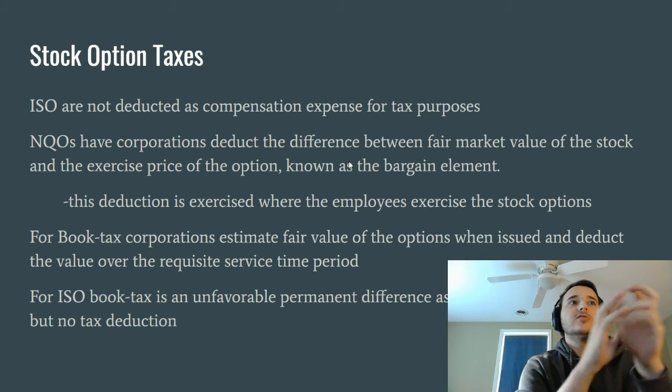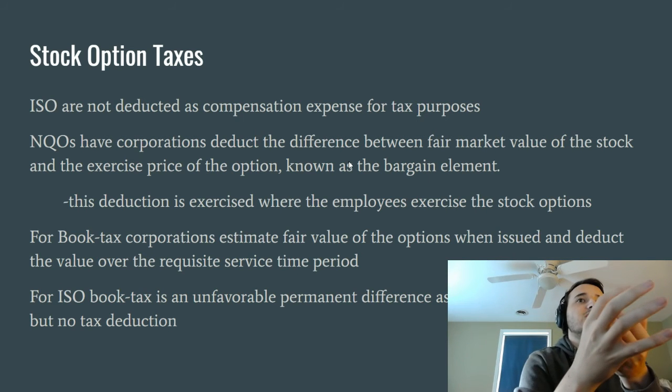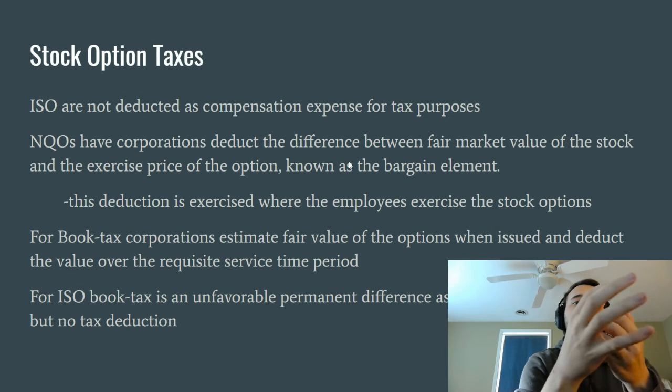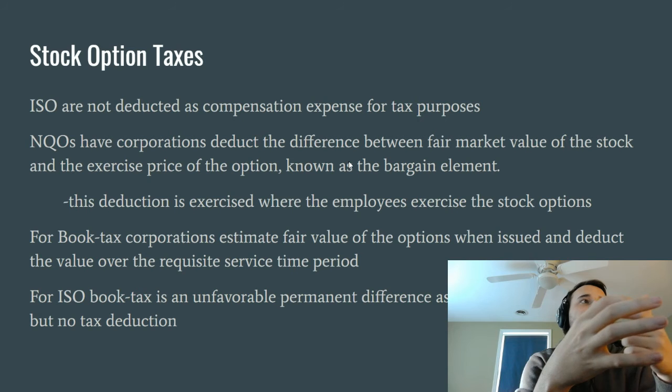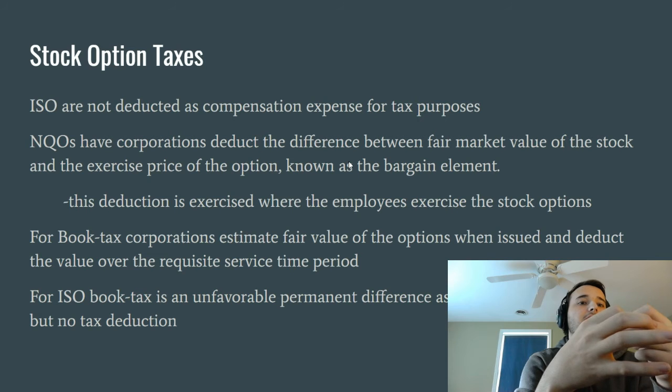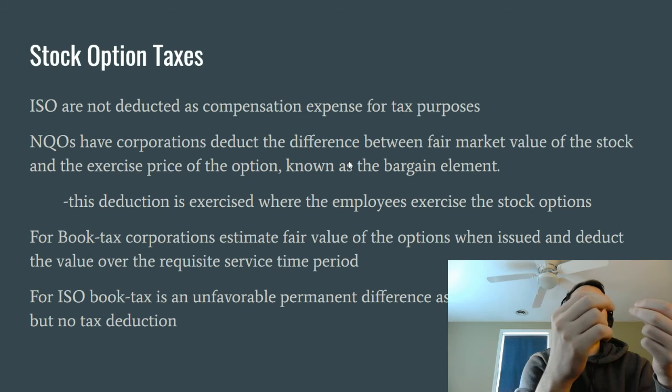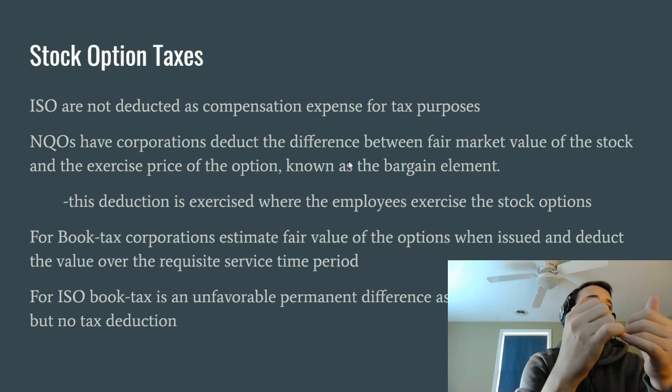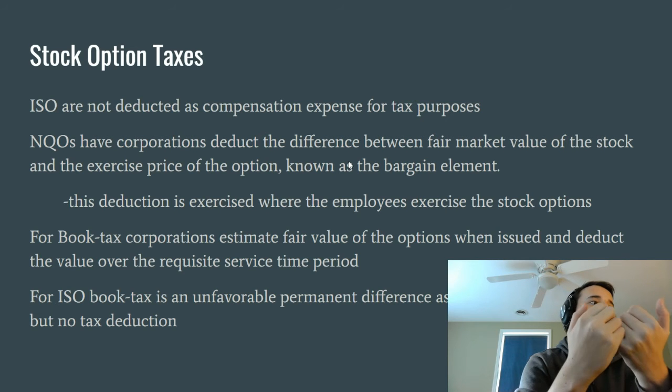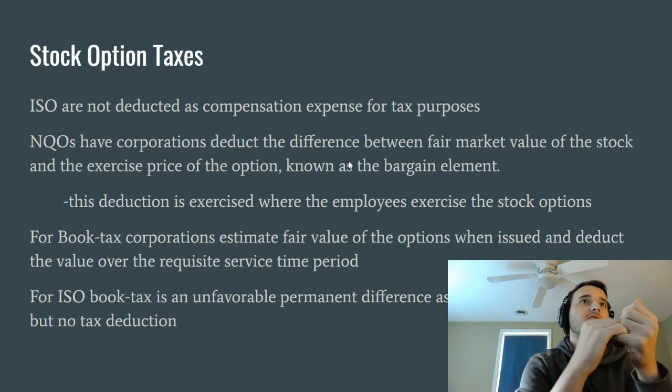And for book tax, corporations will estimate the fair value of the options when issued and deduct the value over the requisite service period. This will create differences, as employees won't always exercise their stock options, so it will create imbalances year to year until the employee exercises their stock options or until there is a correcting journal entry.